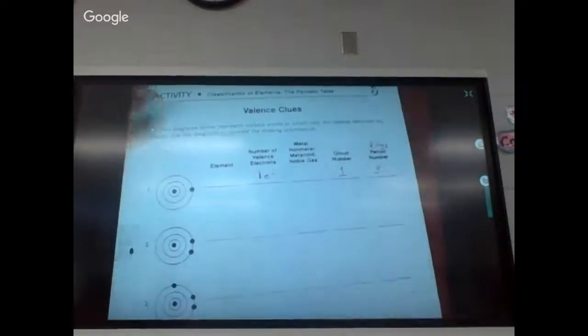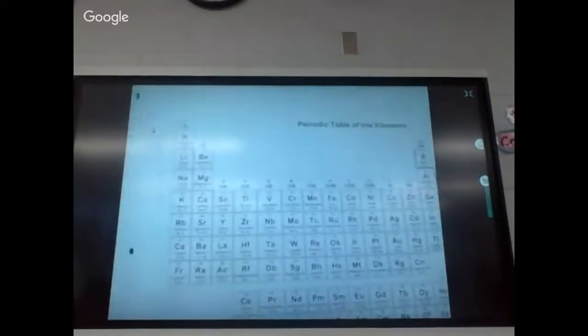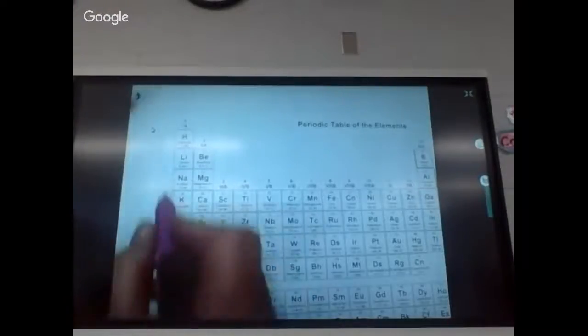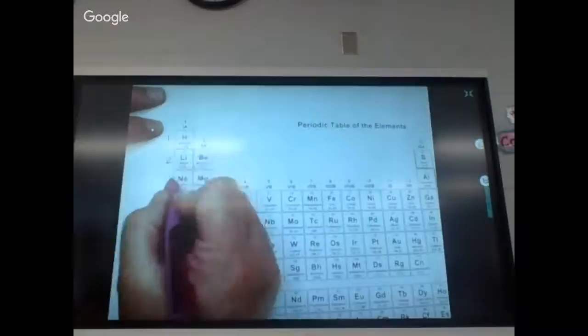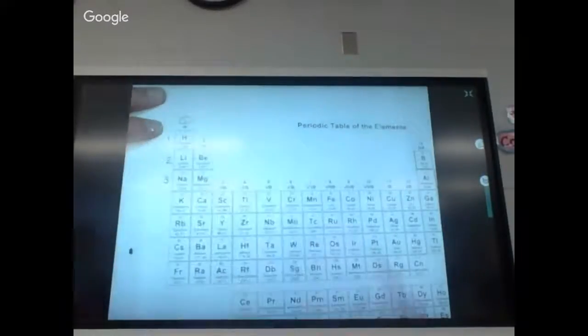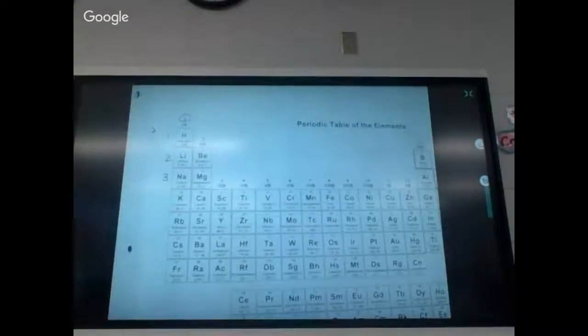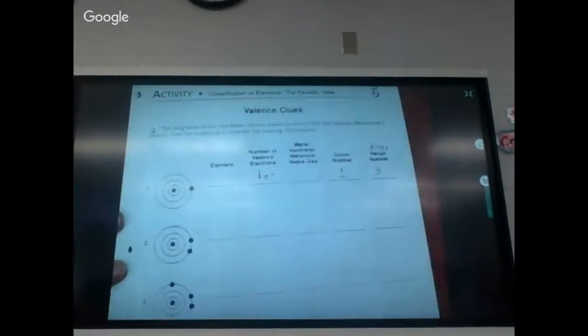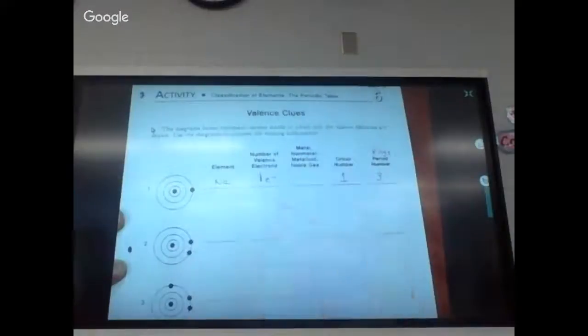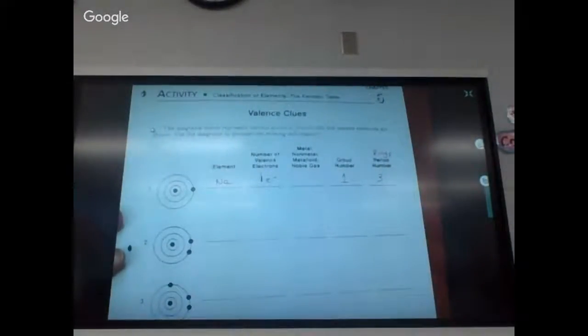So now, using our trusty periodic table, okay, so we have period 3, group number 1, we are what element? Everybody okay with Na? All right, so, are we a metal, non-metal, metalloid, or a noble gas? We're a metal.